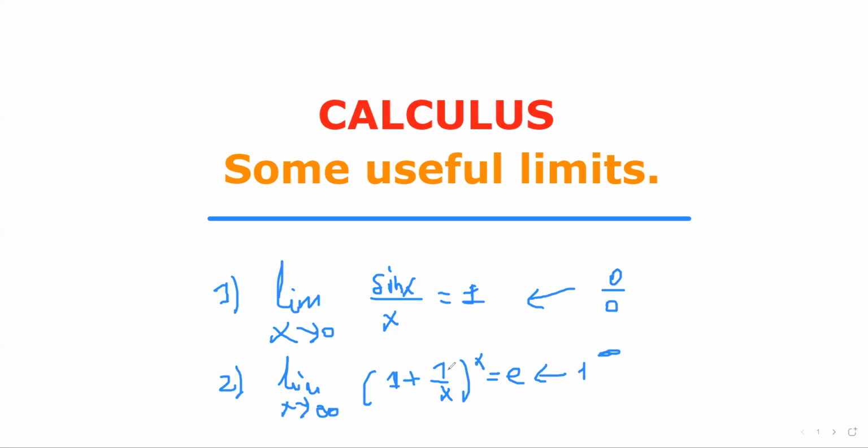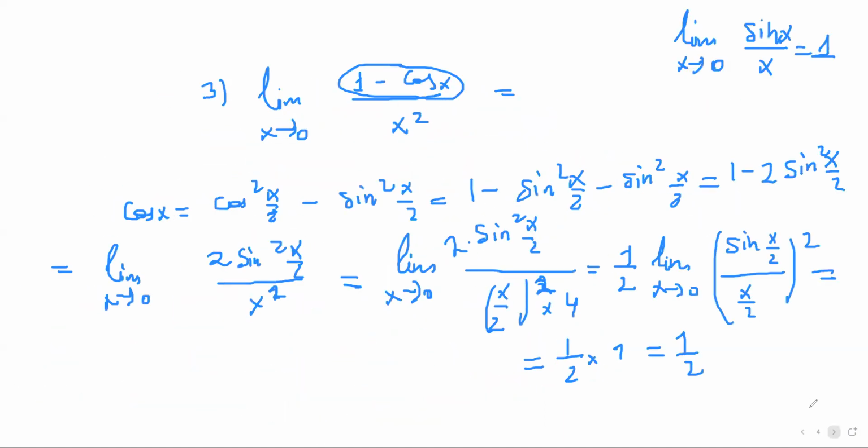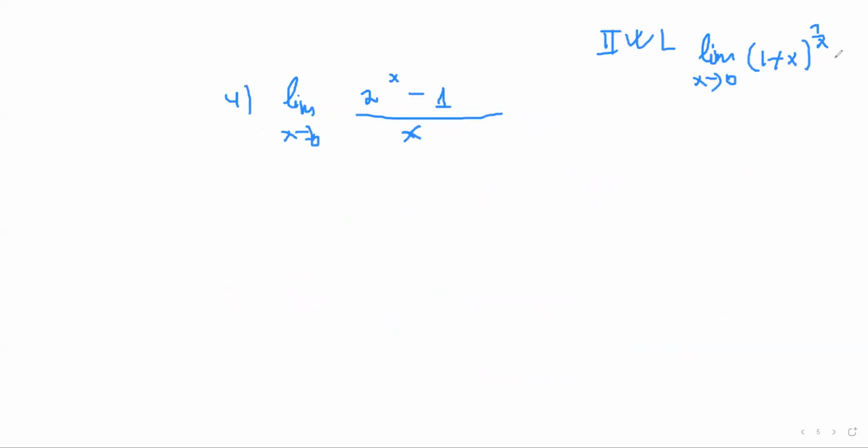When x tends to infinity, you can get here 0. So it means that you can write the limit x tends to 0 of 1 plus x, and this x you can change to 1 over x. So it is possible here. So this limit equals e. We are going to use it.